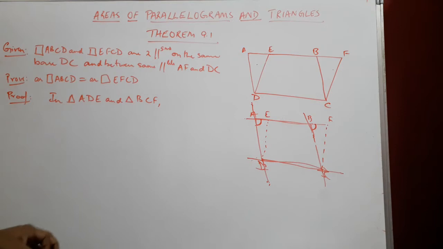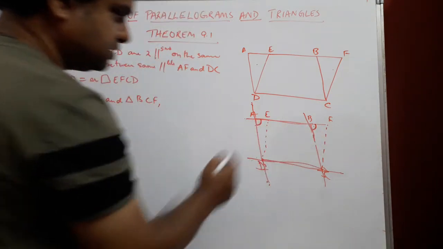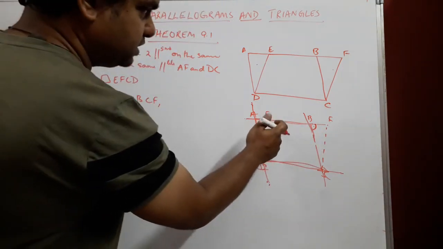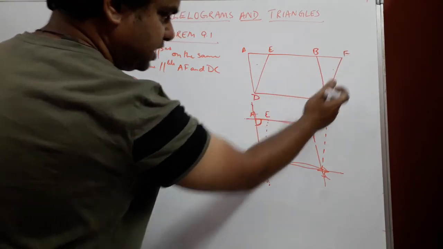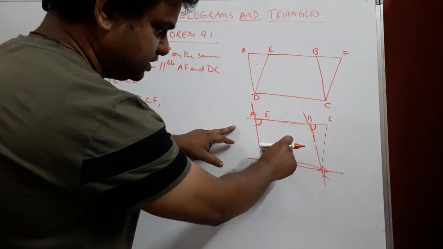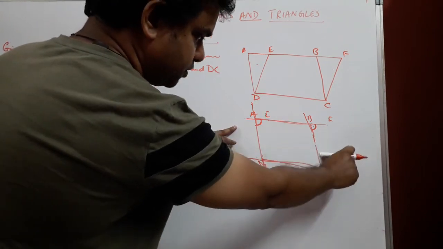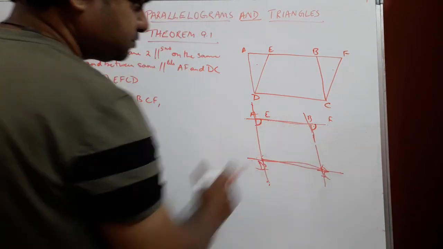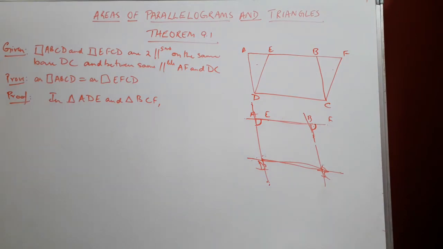Why are they equal to each other? Because they are corresponding angles. The reason why I had not drawn this line and this line is so that you just focus on this. See, if I remove this, it becomes very clear what I am talking about. These two angles are corresponding angles, and we know that corresponding angles, in case of parallel lines with a transversal intersecting them, become equal.